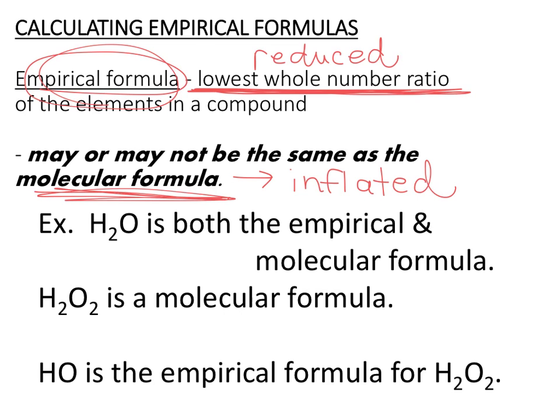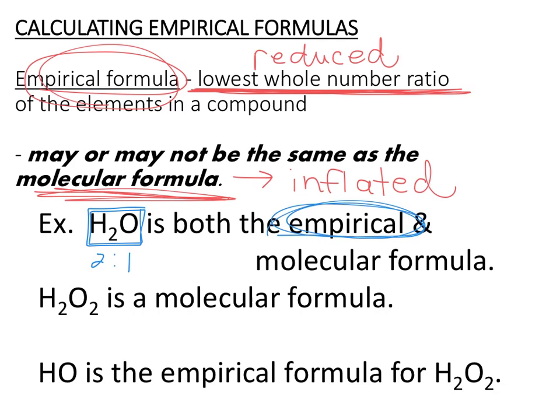So look at the examples that you have in your notes. It gives you water. Water is both an empirical and a molecular formula. Let me tell you why. Can you take the numbers for water, which is a 2-to-1 ratio, and reduce it? Well, of course, the answer is no. Because it's already in its simplest or lowest form, it's called the empirical formula.